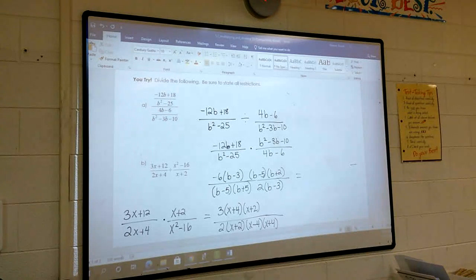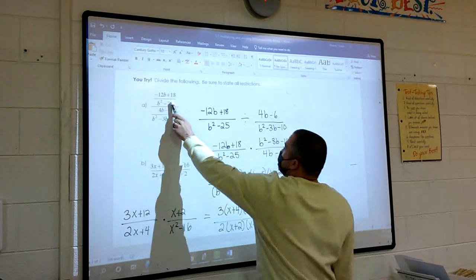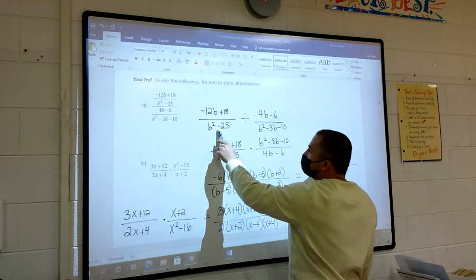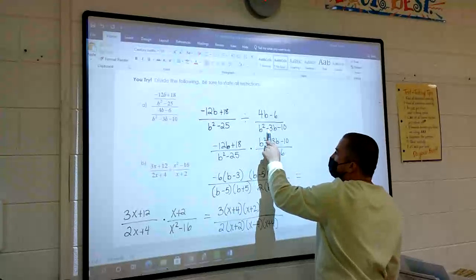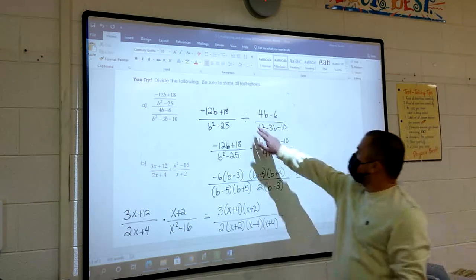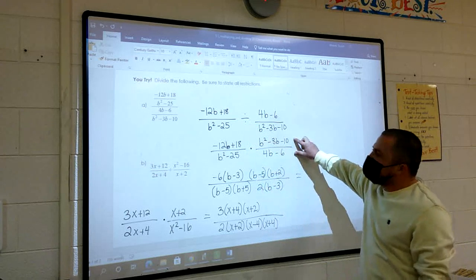On the first one, I wrote down negative 12b plus 18 divided by b squared minus 25. That's the first fraction. Divided by 4b minus 6 over b squared minus 3b minus 10. So I rewrote it, and I changed it from division to multiplication by flipping that second fraction.